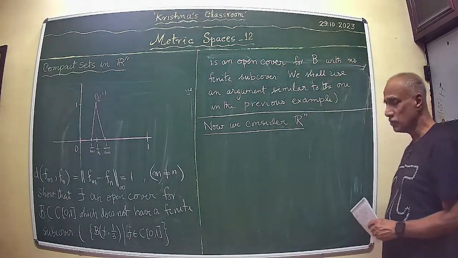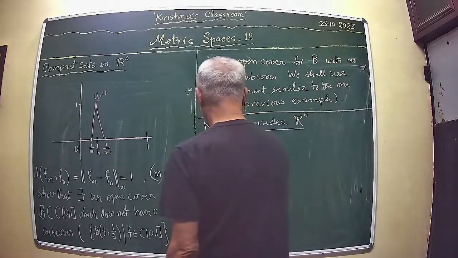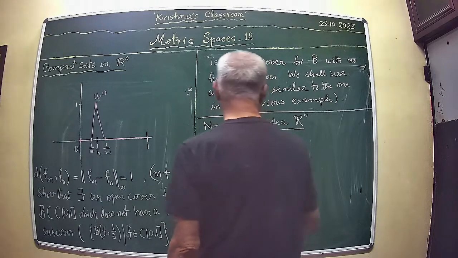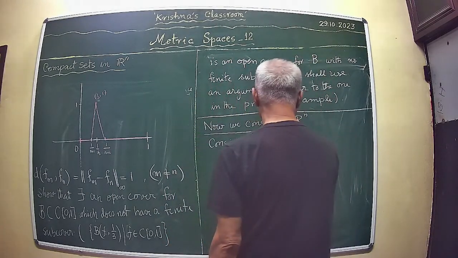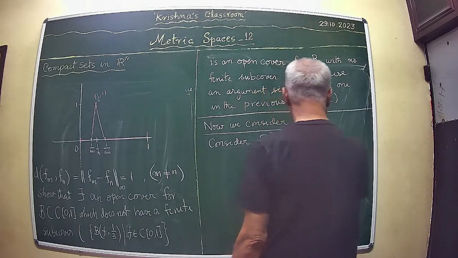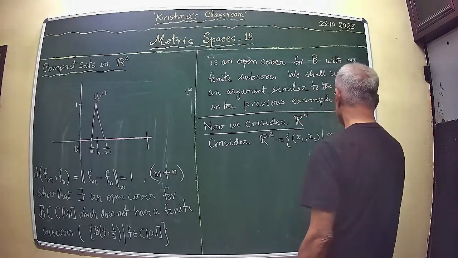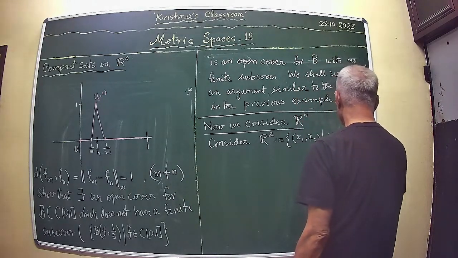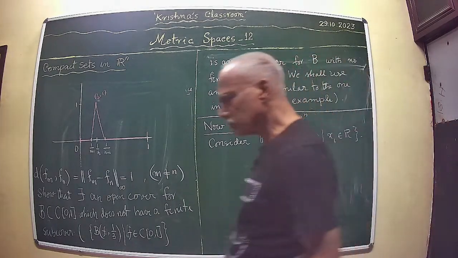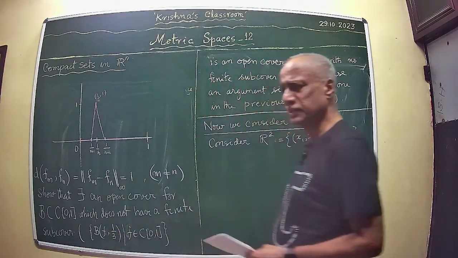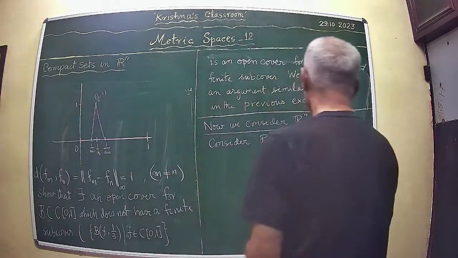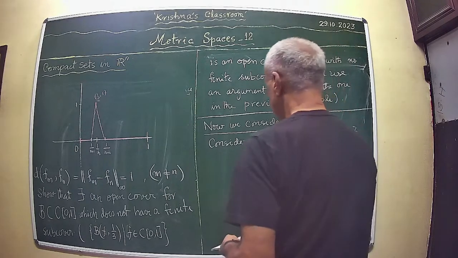Okay. So first let us look at R2. With the usual addition and scalar multiplication, it becomes a vector space, and every element is of the form x1, x2.